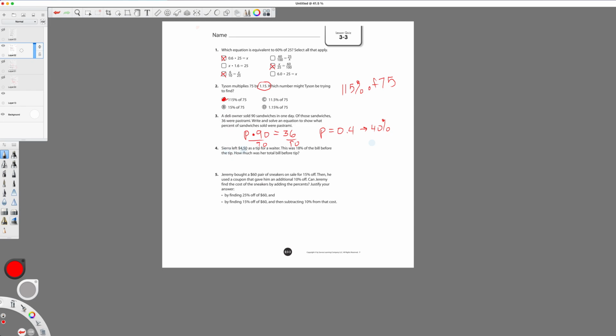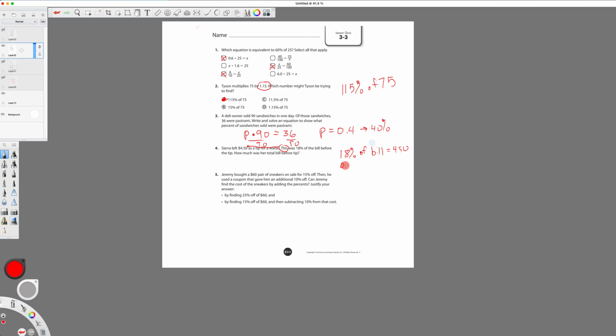Number 4, Sierra left $4.50 as a tip. This referring to the 4.50 was 18%. So 18% of the bill was the tip, which was the 4.50.